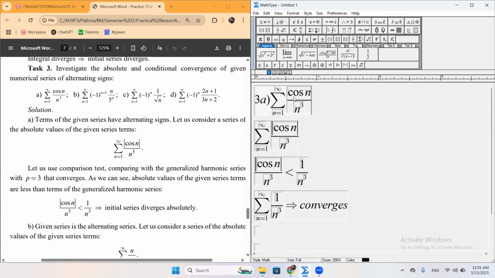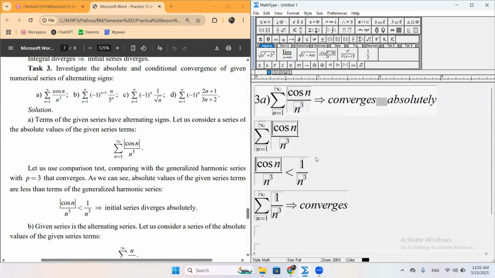As the series of modules converges, it means that the series converges absolutely. It could be convergent absolutely or conditionally, but it converges absolutely because the series of modules converges.